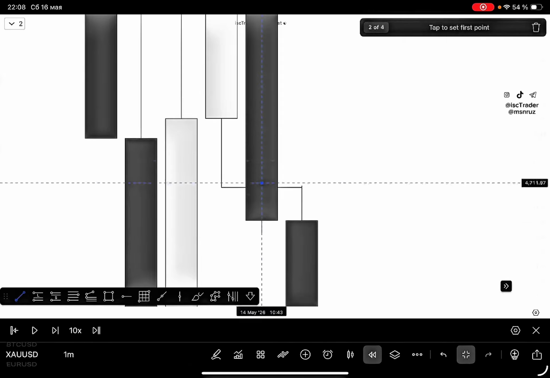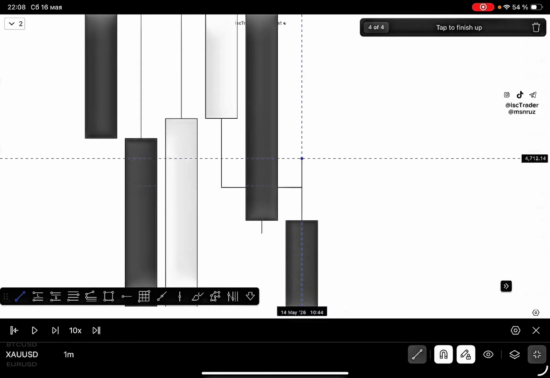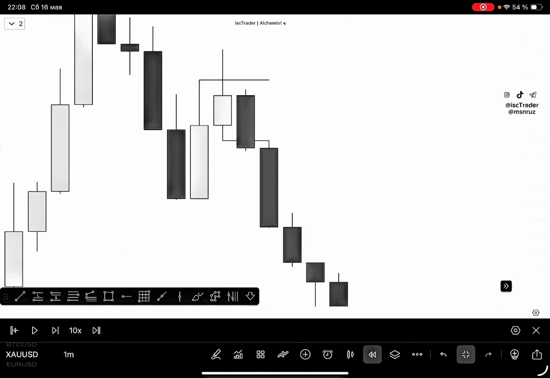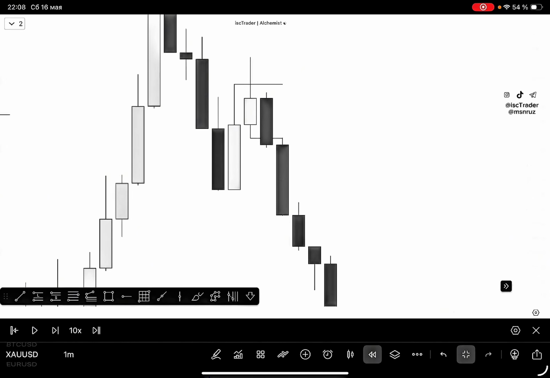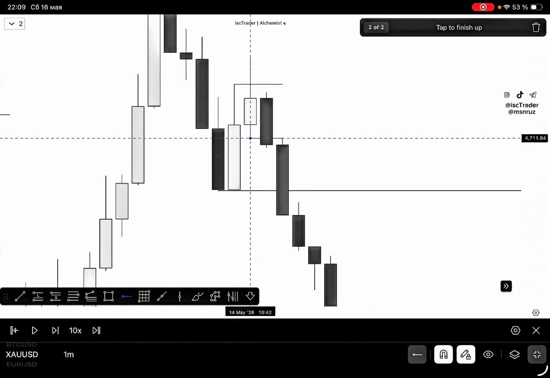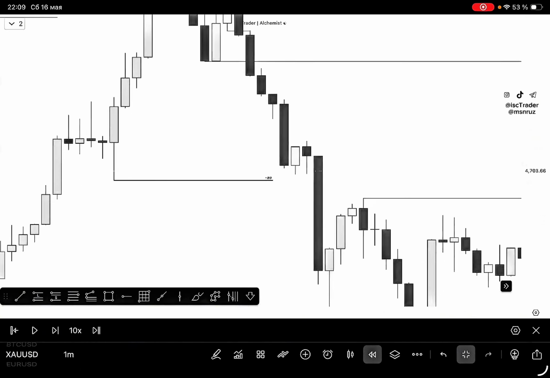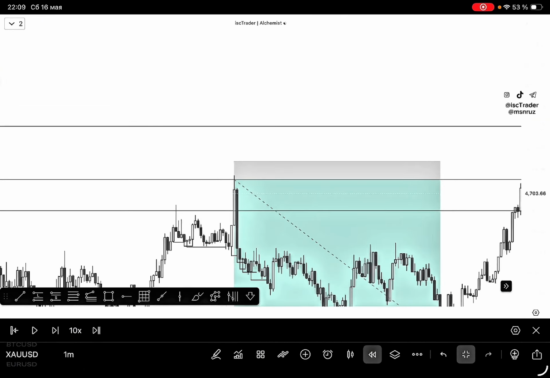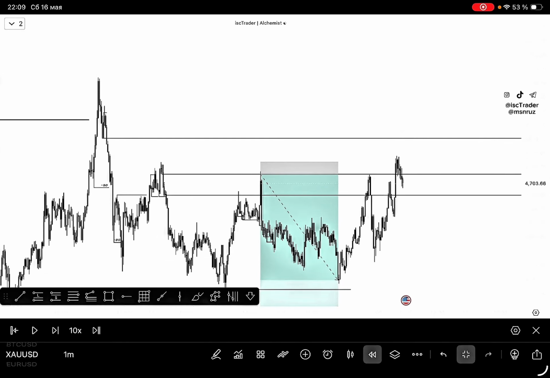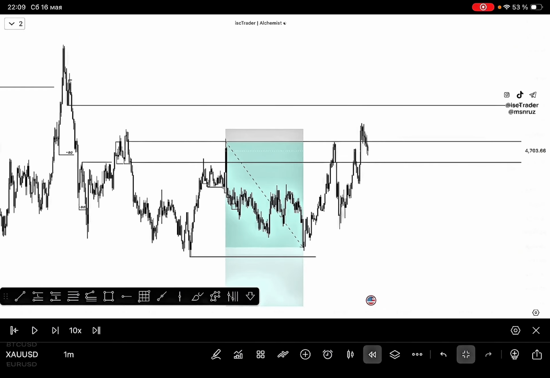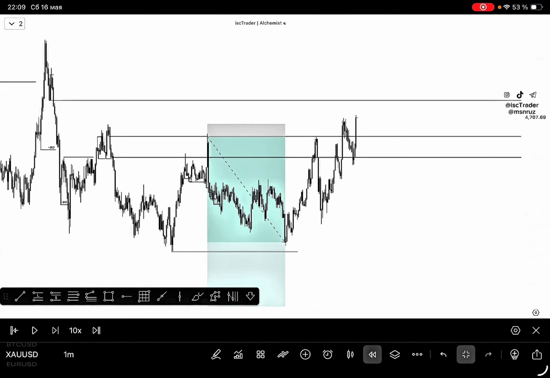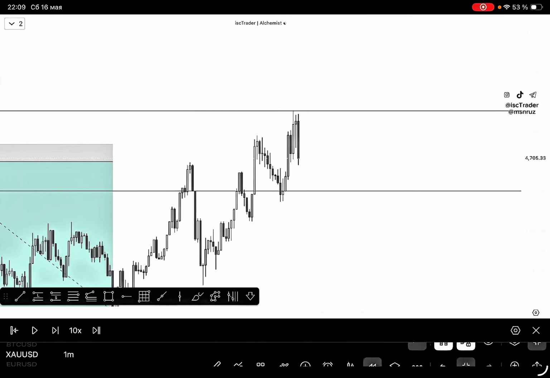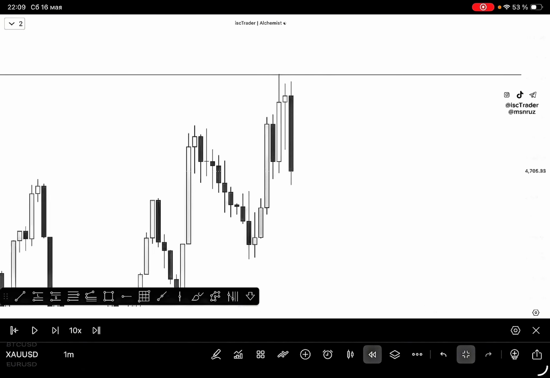Because this candle is getting a reaction. Okay. We have a key level SBR. If the market gives a confirmation, we can enter the trade. Okay.